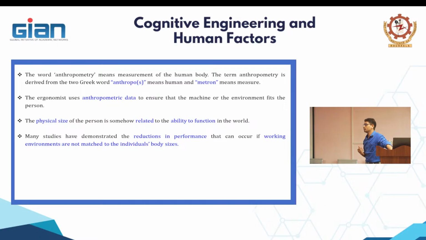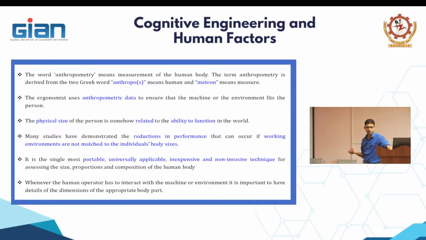Again the mismatch. If there is a mismatch in the body dimensions, then the efficiency will decrease. In the same way, if it is at a convenient position, it can be performed easily. If it is away, then the person needs to stretch or put some extra effort to carry out that particular activity.